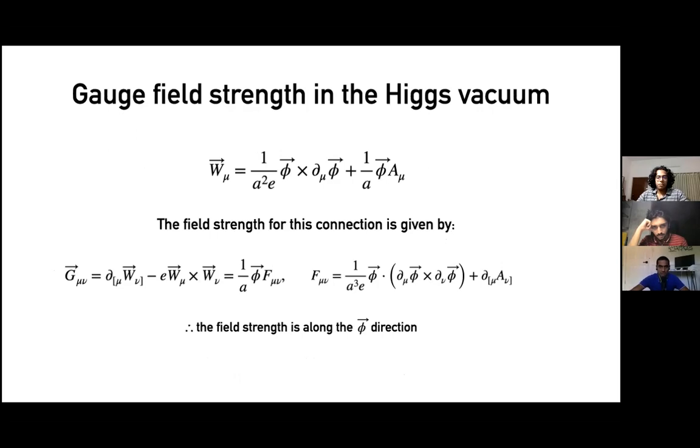Now, again in the Higgs vacuum, we can find the field strength. And we find that that field strength is given by, again, two parts. One part that looks like the field strength of a U(1) theory, and the other part that looks like some weird thing built from the scalar field.